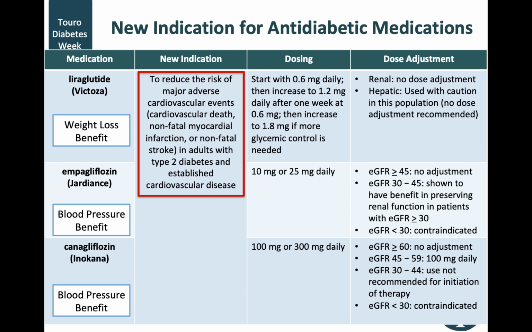And these agents are, as I mentioned earlier, liraglutide, empagliflozin, as well as canagliflozin. And I also put the dosing related information here. I will let you explore this yourself.